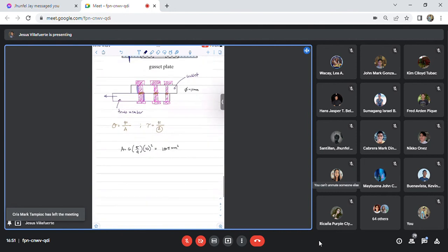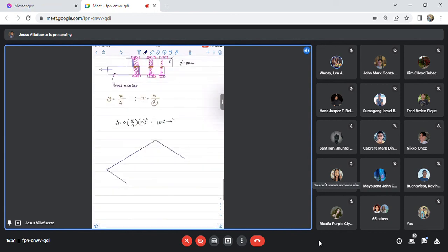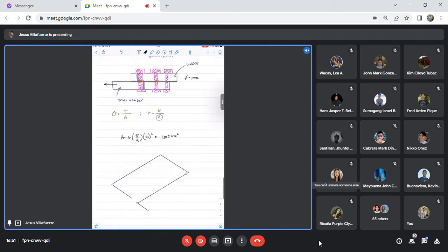If you draw that into a 3D diagram, I have difficulty drawing, so please bear with my drawing.